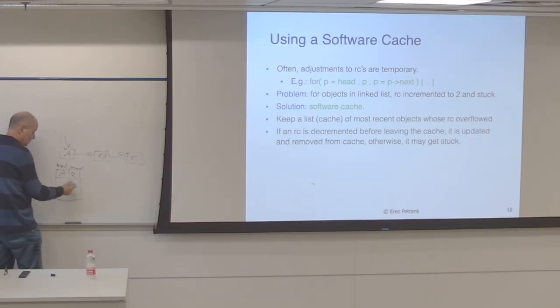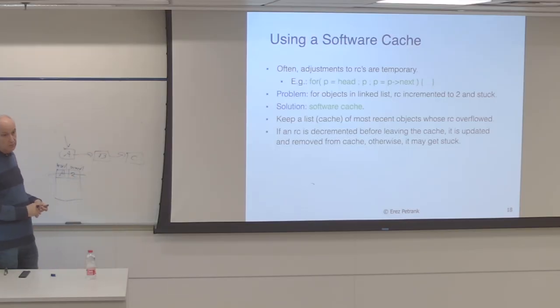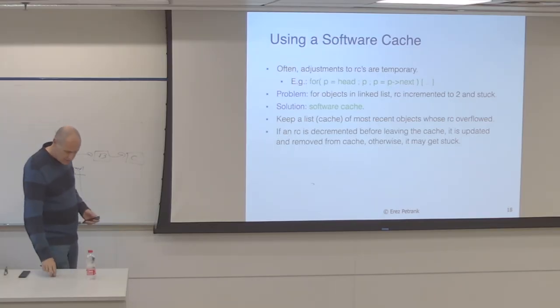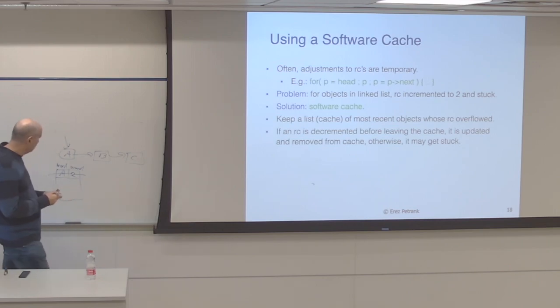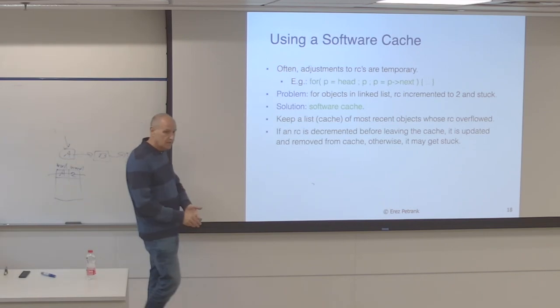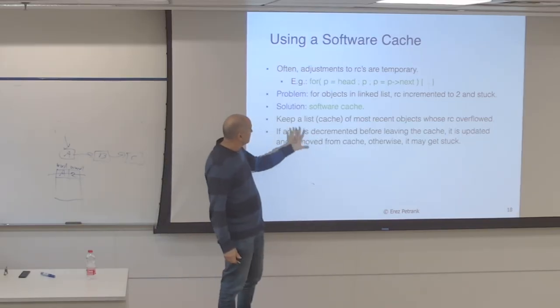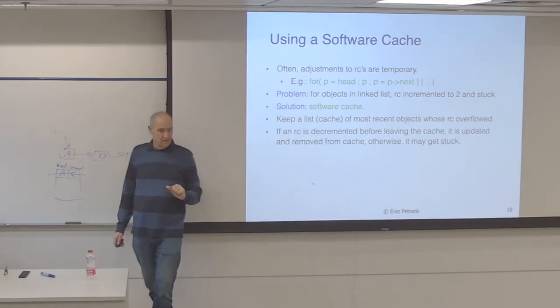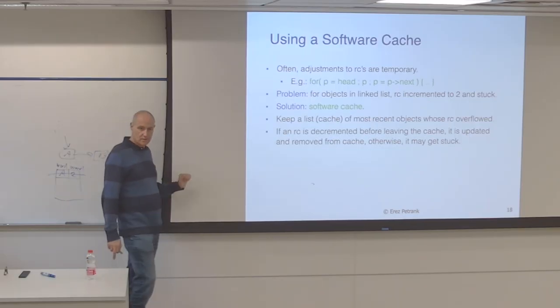But sometimes the cache is not enough and I have to put someone here and take someone out. And if that gets out, then it's stuck. I will not know how to decrement it later. This is like a standard method. You sometimes use a software cache in order to solve temporary issues that you have. So this is the way it works. More questions?